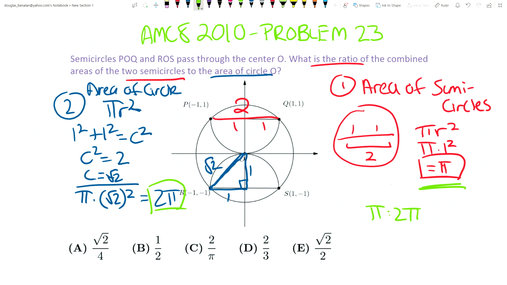So it's pi is to 2 pi, and canceling the pi's gives us 1/2 as our final answer. So our answer overall is 1/2.